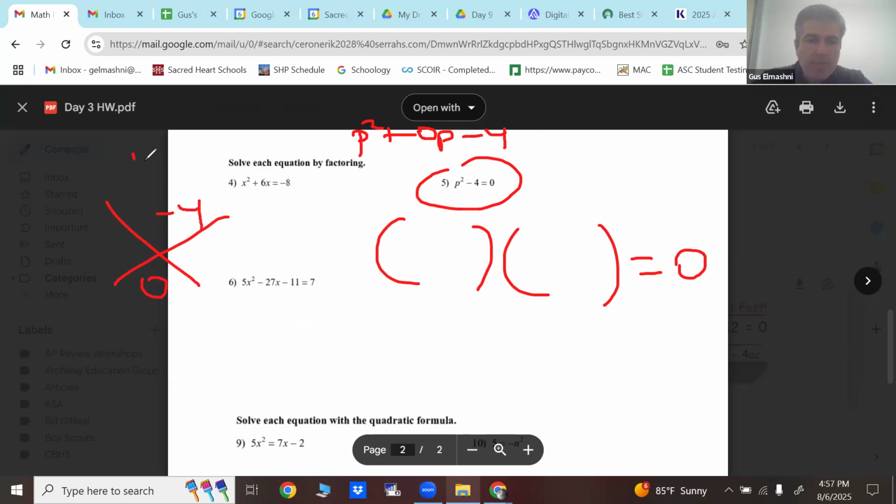So you have to multiply it to this and add to this. -2 and +2? Yeah, good. So p minus 2, p plus 2.